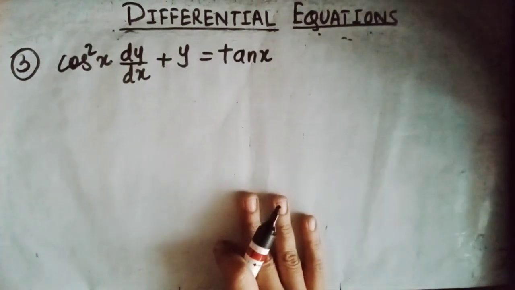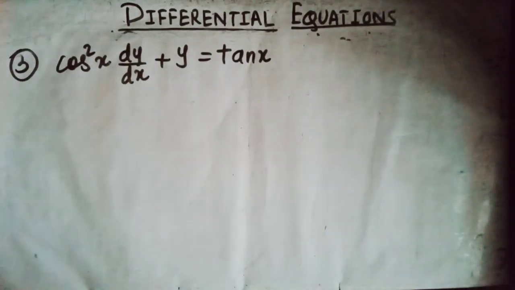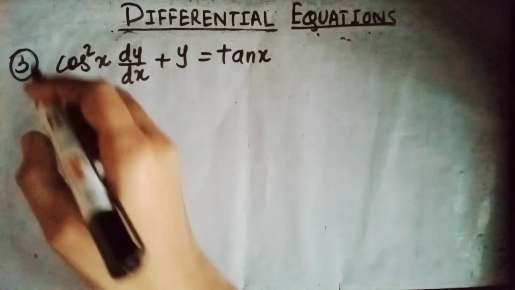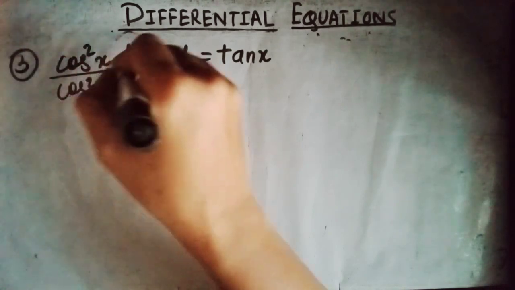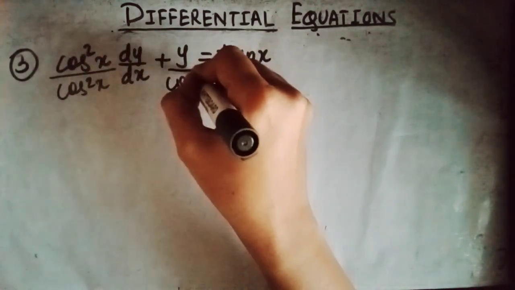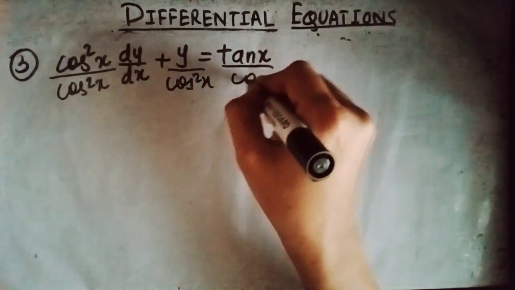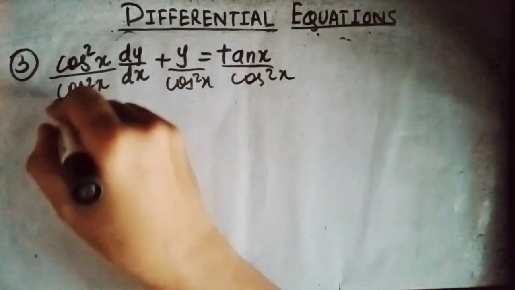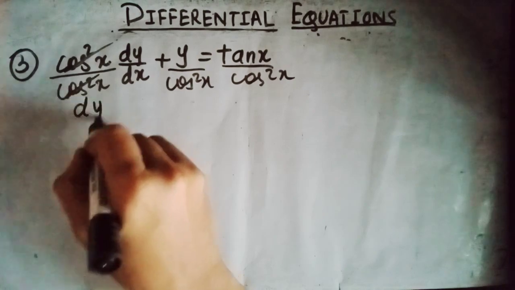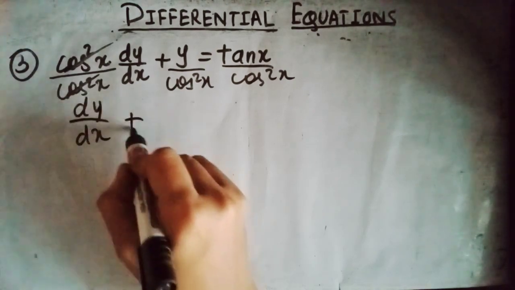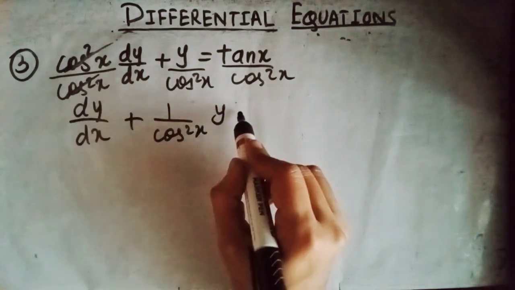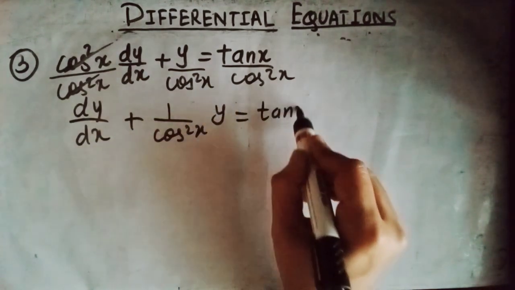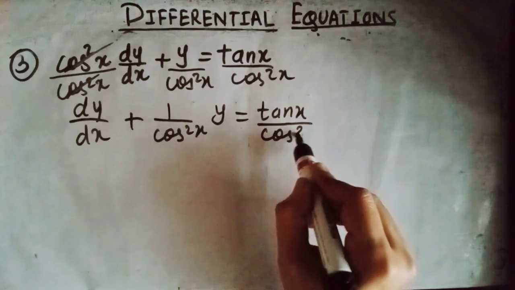let's solve this. So first you have to write it in the form dy by dx plus py equal to q. Okay, so you have to divide the whole equation by cos square x. So you will get dy by dx plus 1 upon cos square x y equal to tan x upon cos square x.